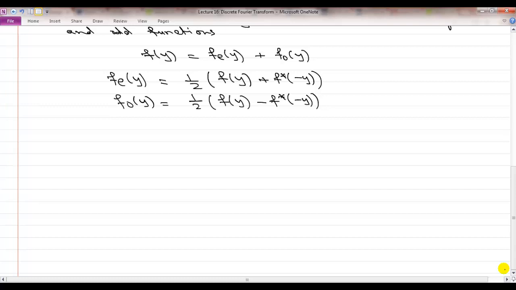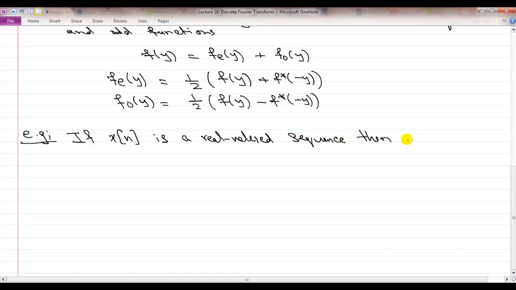One of the classical examples of a symmetry property that I'm sure you have studied long ago, related to the discrete time Fourier transform, is that if x of n is a real valued function or sequence, then its Fourier transform is even. So then X of e to the j omega is an even function of omega.